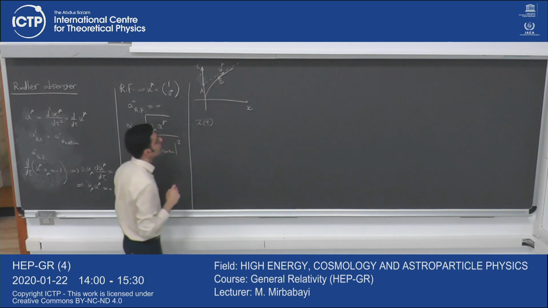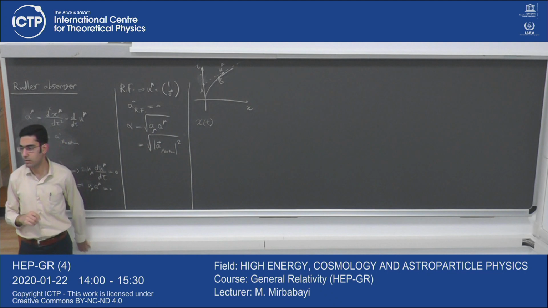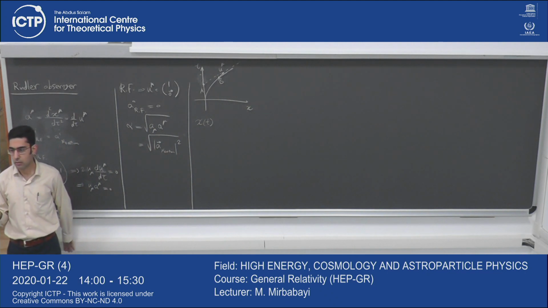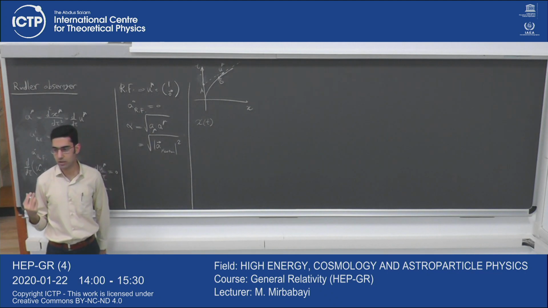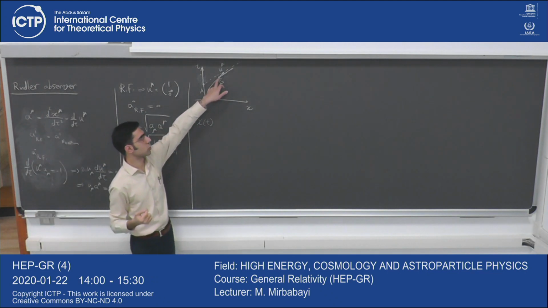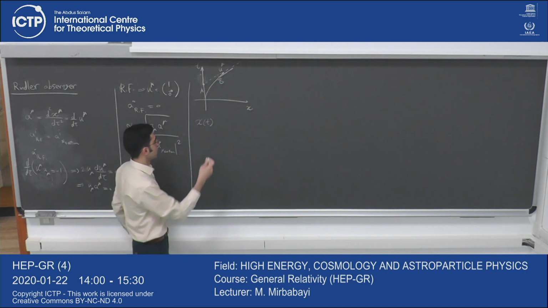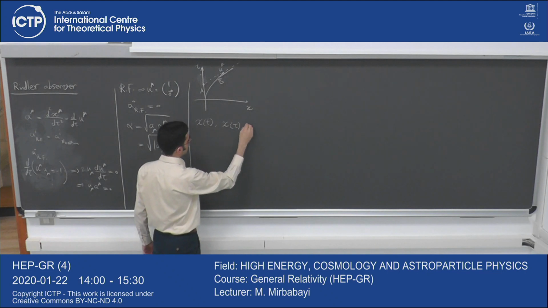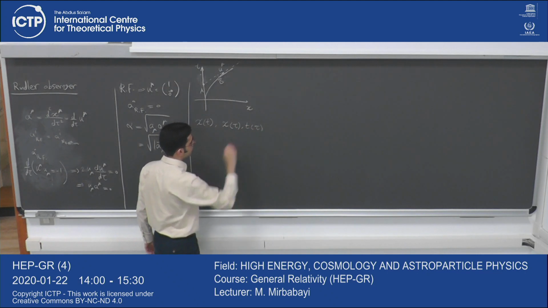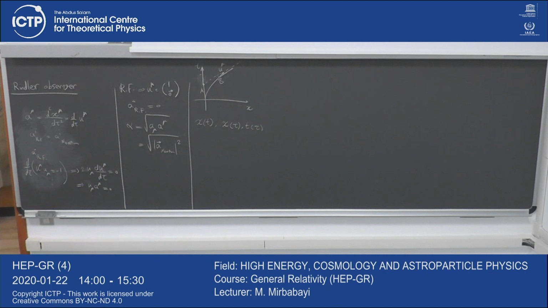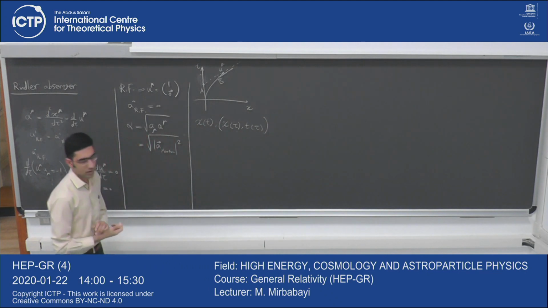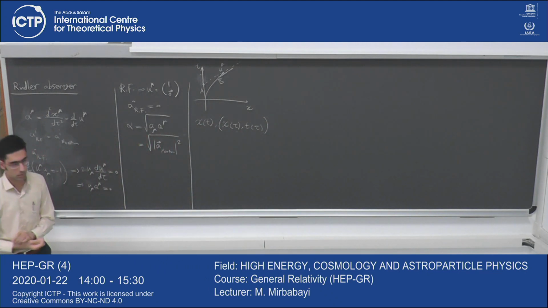Or we can parameterize this curve in terms of the proper time of Bob, which means the time that the onboard clock is measuring. So that would be determining x of tau and t of tau. Once we have x of tau and t of tau, then we can also determine x of t.